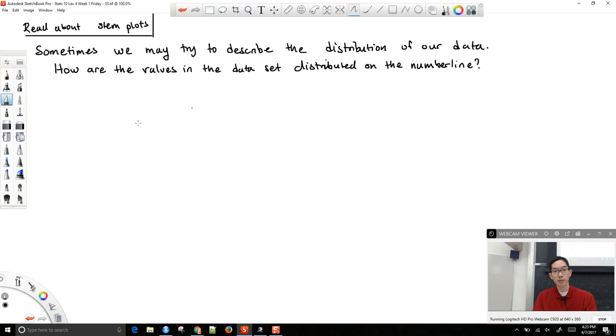And so, a lot of times we try to get an idea of what our data look like by creating a histogram. So we probably have to create some kind of diagram first, like a histogram first.